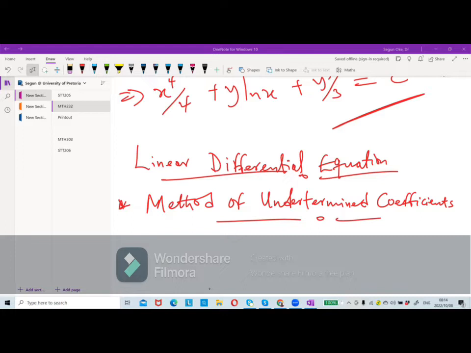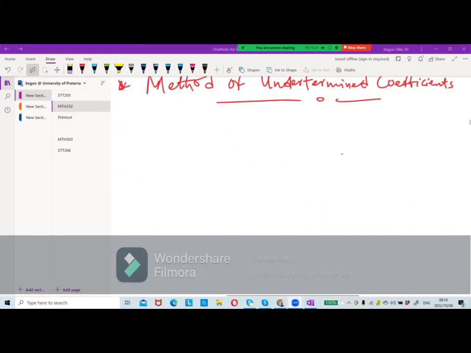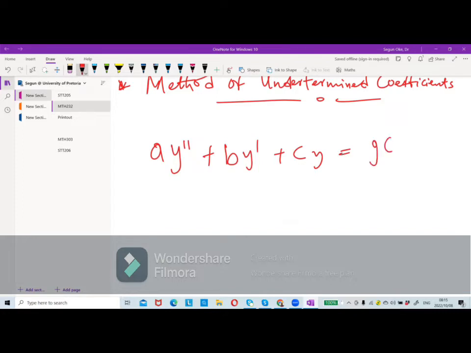When we have a differential equation of this form, for example, let me use y: ay prime prime plus by prime plus cy equals g of x.